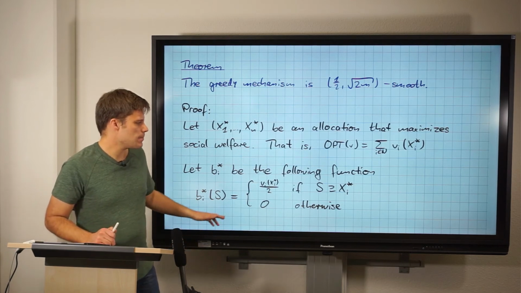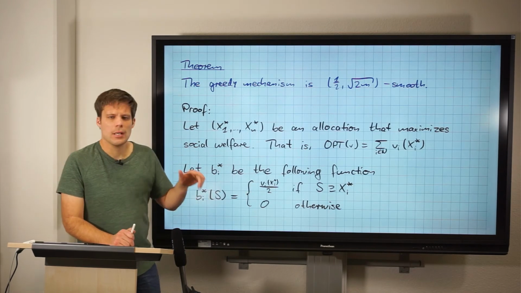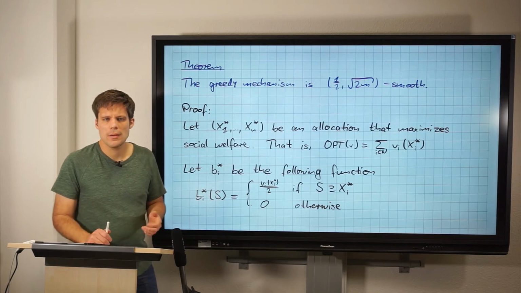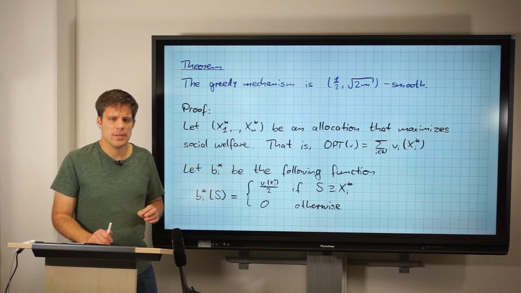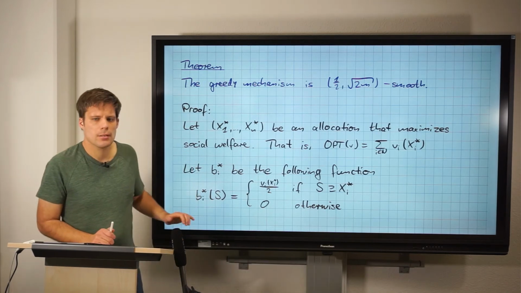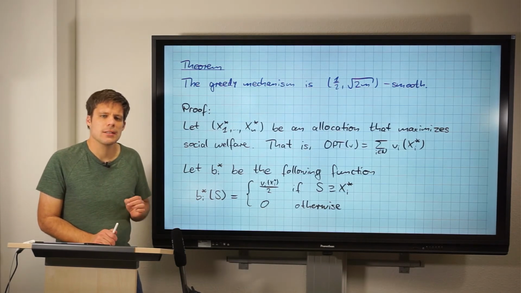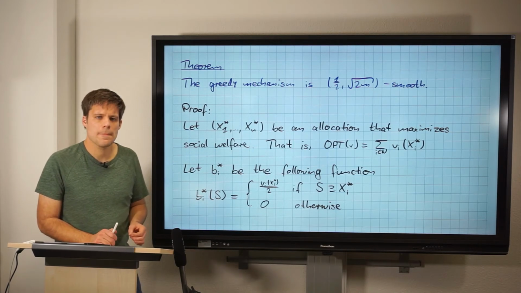And this is expressed by exactly this bid. To make it monotone, we're not exactly bidding only on the set that you're getting in the optimal solution, but also on every superset. That is something you might argue about, whether or not you want this. But once again, the structure is to bid on the set of items that you're getting in the optimal solution.